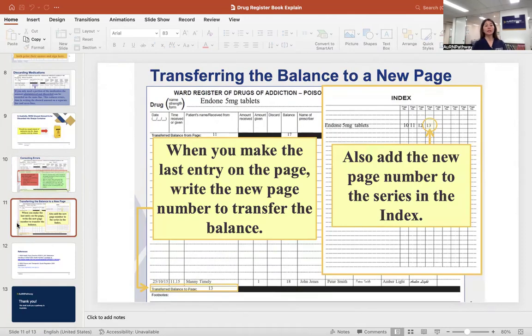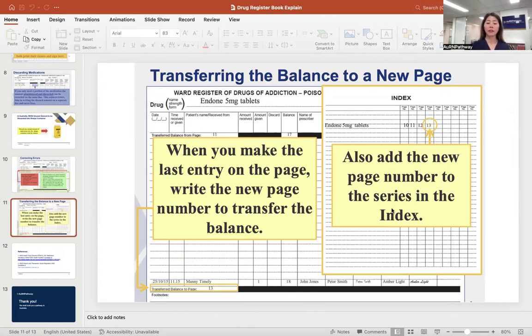Transferring the balance to a new page. I think we've talked about this already, but this is about the first few pages of the drug register book, which is important to highlight to you nurses. Once a page has been transferred, it makes it easier for us nurses to know which page we transferred it to. Say, for example, it was on page 11, 12 before, and now you transferred it to page 13.